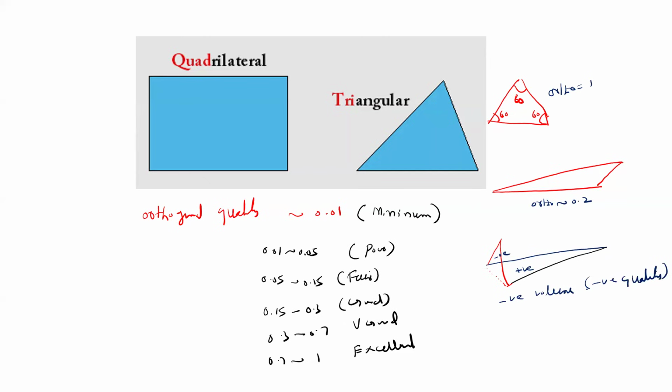So negative volume, or negative area in two dimensions, will always lead to negative quality. This should be avoided at all costs because now we are actually not solving our triangle, we are solving something else. And the neighboring cells will be here. The neighboring cell may be of good quality, maybe it's over here like this, so it has the proper three edges.